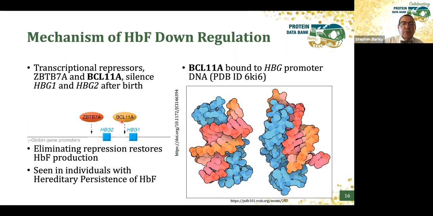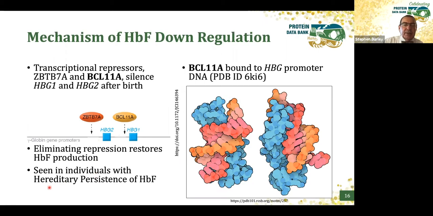The same is true of BCL11A, which controls the expression of the hemoglobin gamma 1 gene. Eliminating this repression at either one of these positions restores fetal hemoglobin production in individuals.